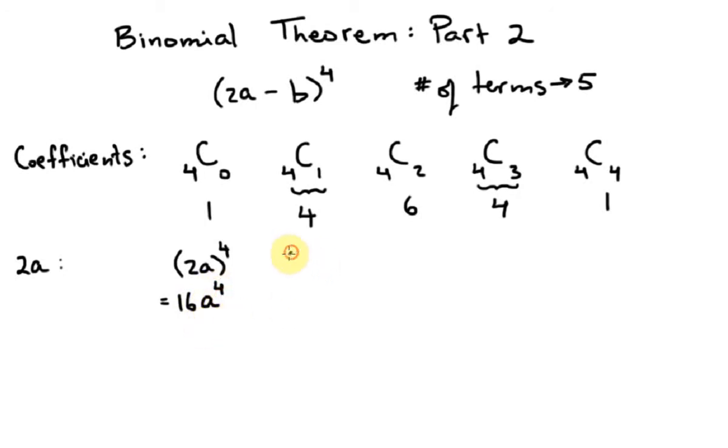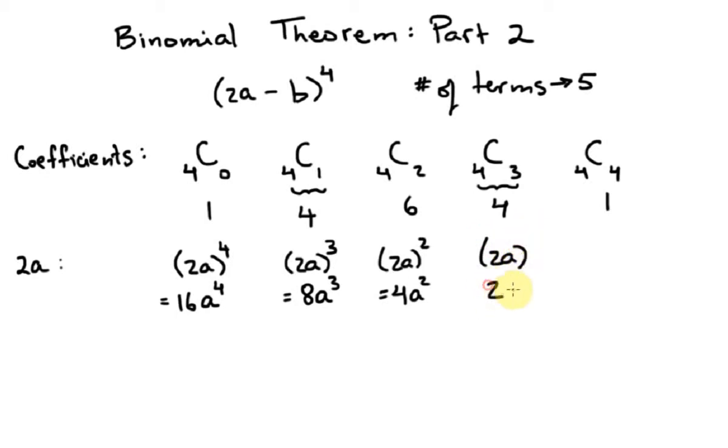Then it becomes 2a cubed, which again you want to work out. That's going to be 2 cubed is 8, and then a cubed. The next one's going to be 2a squared, which is 4a squared. Then the next one is 2a to the 1, which is just 2a.